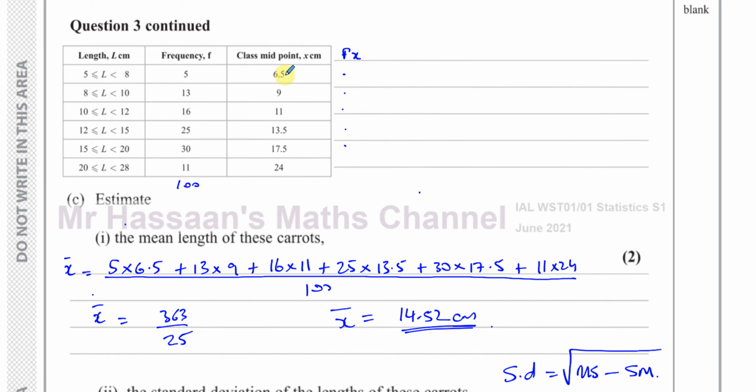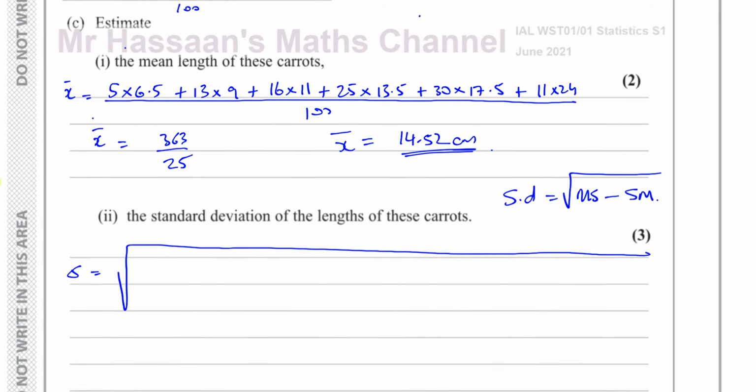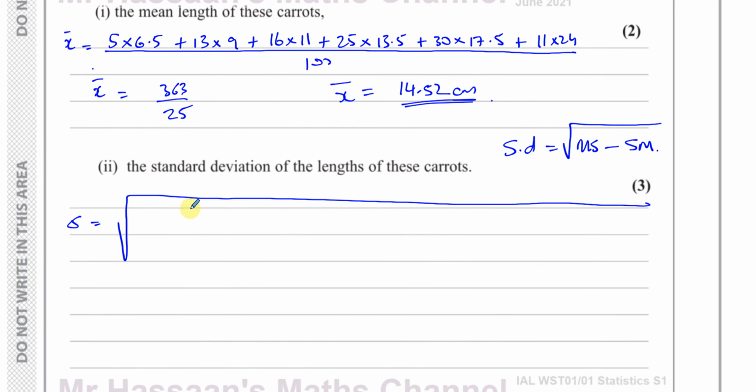Okay, you've got to find the mean of the squares. So we take the square of each of those values and multiply by the frequency. So it's going to be the same as this, except these values are going to be squared.